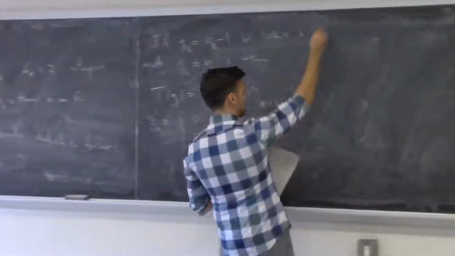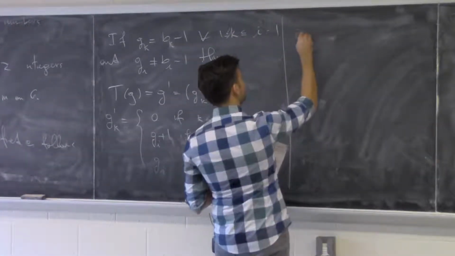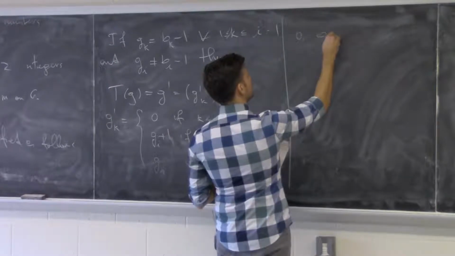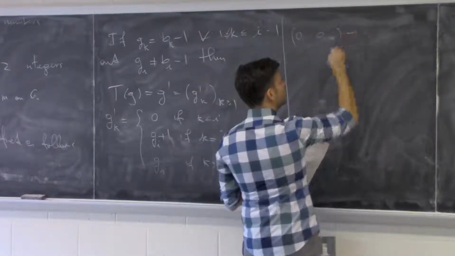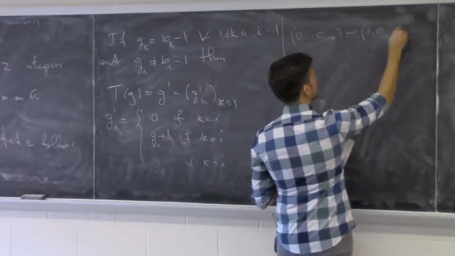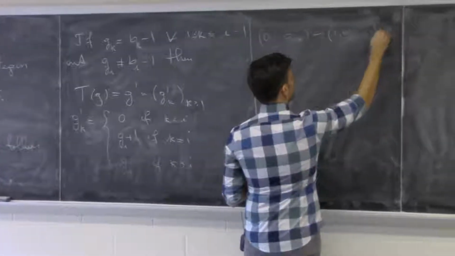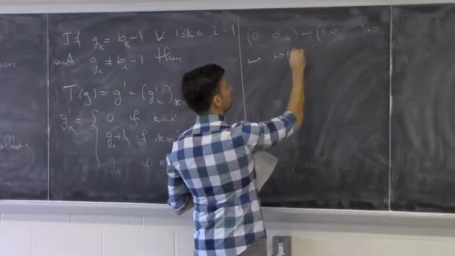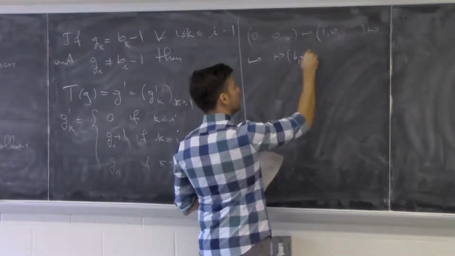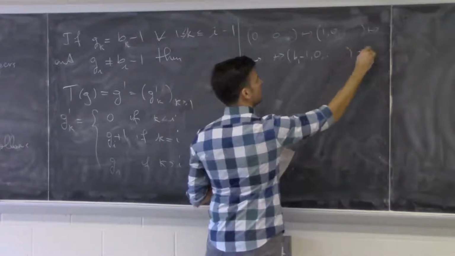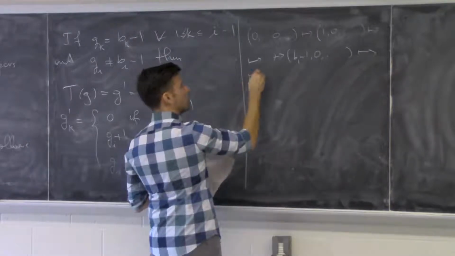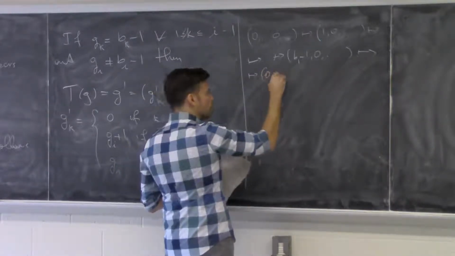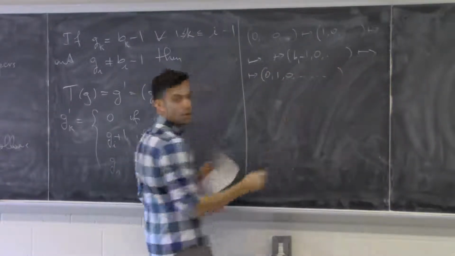To be concrete, if you start with 0, 0, 0 forever and apply the transformation, you first get 1, 0, 0, and if you apply it a bunch of times, you get to B_1 minus 1, 0, 0, 0. If you apply the transformation once more, you get 0, then 1, 0, 0, and so on.